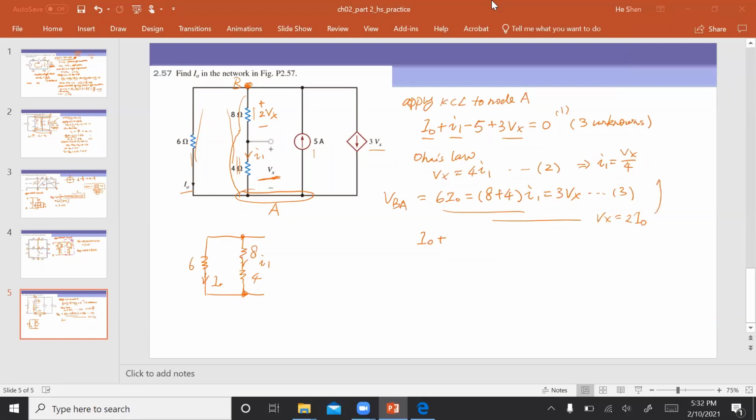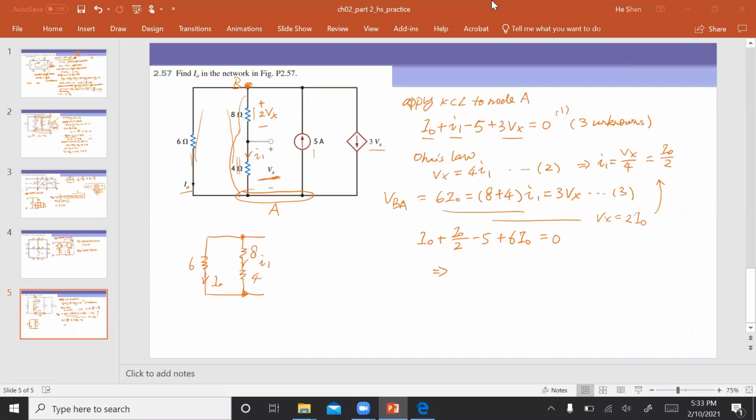And we put this back into the second equation. Vx is equal to 2 I0, so that will give us I1 is equal to half I0. So we put over here half I0 minus 5 plus 3Vx. Vx is equal to 2 I0, so that is 6 I0. That is equal to 0. So now we can solve I0.